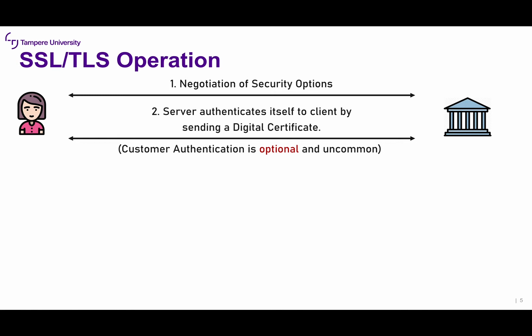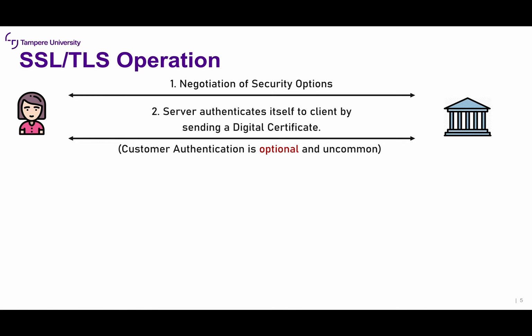So in the first step, Alice and Trent will agree, for example, on the kind of encryption algorithm they will be using, both symmetric and asymmetric, the versions of the algorithms, the hash functions that they will be using, the digital signature schemes that they will be using, and so on and so forth. So they will agree on all the security parameters.